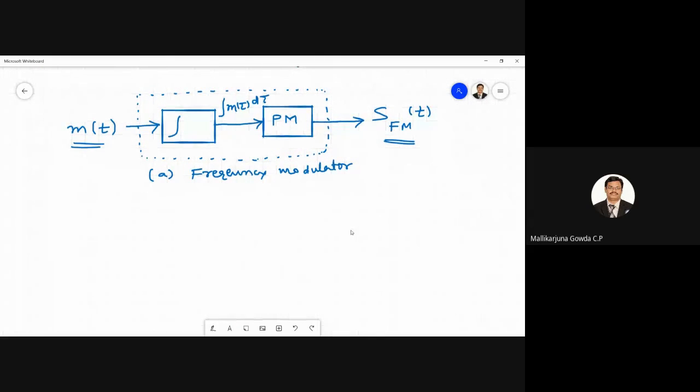I hope you noted this diagram. Yes, is it noted?